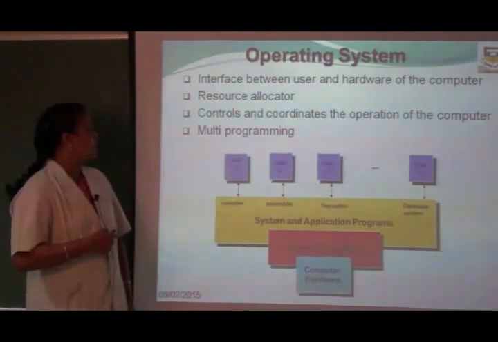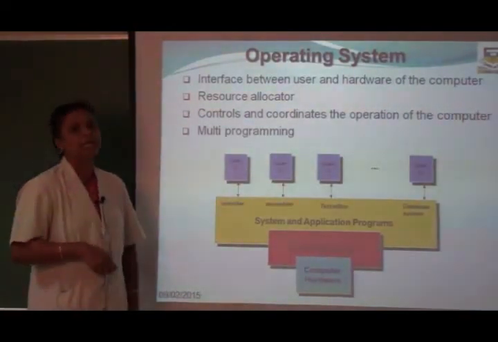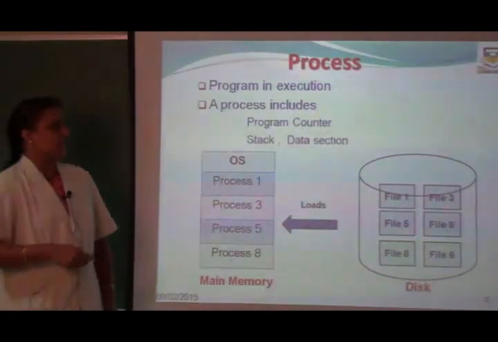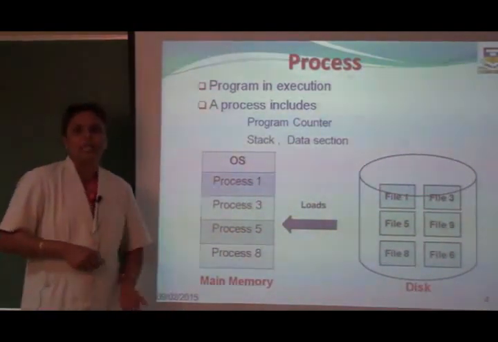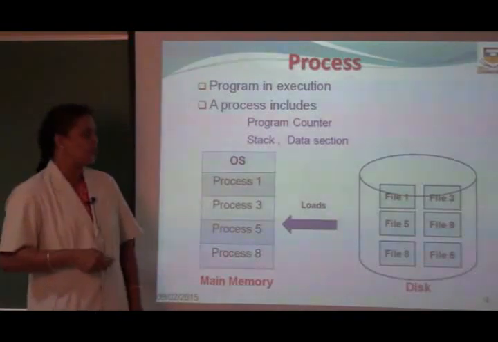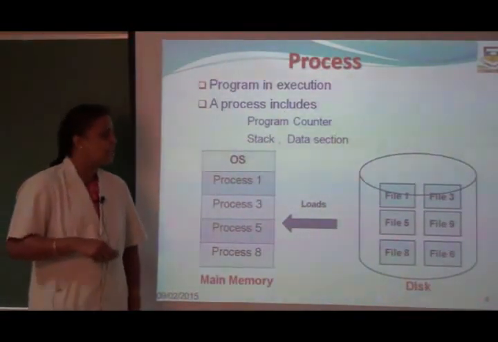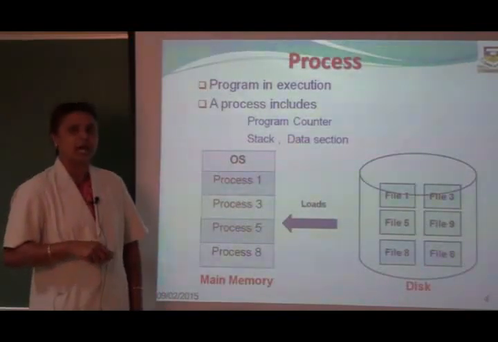One of the important features of the operating system is multi-programming, that is, one user can execute multiple applications at a time. Usually all the applications are stored in the secondary storage device called the disk or hard disk.